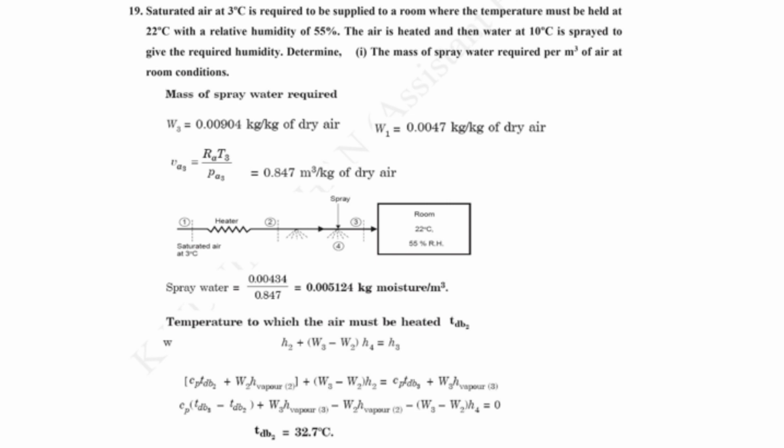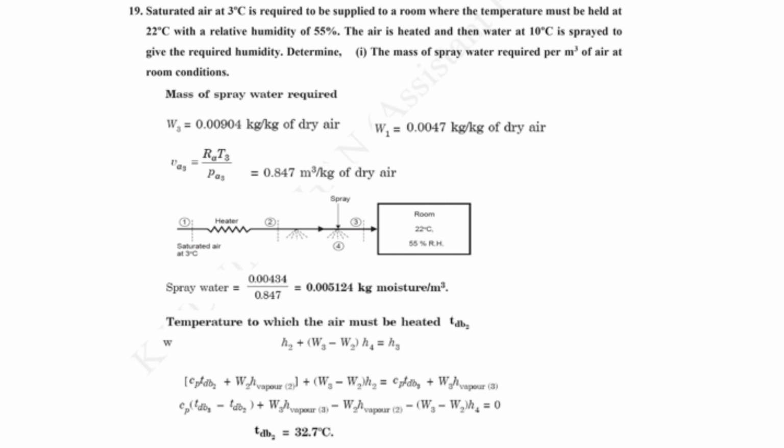The saturated air at 3 degrees Celsius will be at section 1, and then the air flows into the heater and then enters the spray nozzle through section 2.